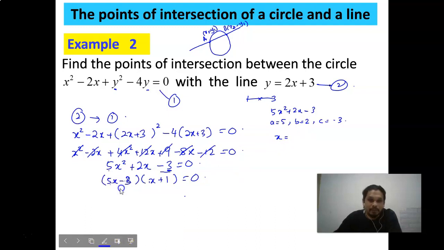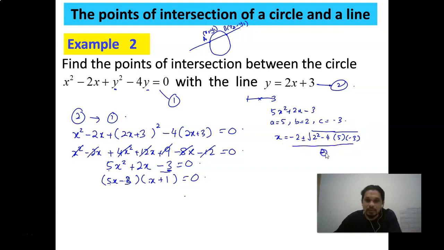The formula of this, which is -b, which is -2 here, plus minus square root of b squared, 2 squared, minus 4, a which is 5, and c equal to -3, divided by 2a, where a equal to 5.